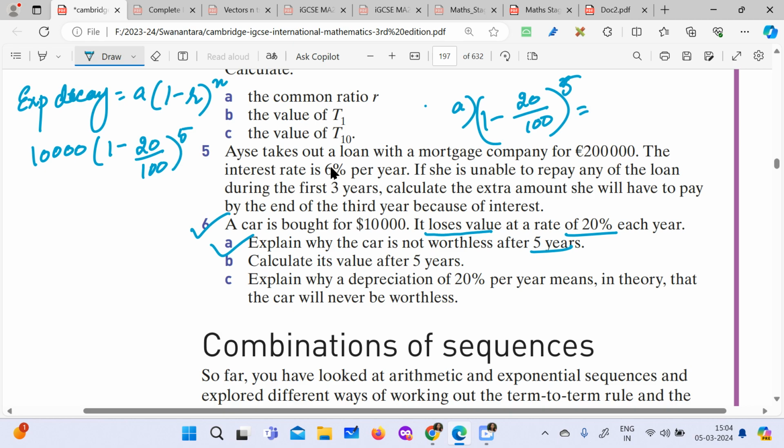If you simplify this, this is nothing but 1 minus 0.2 to the power of 5, and then we get 0.8 to the power of 5. So still the value will be 0.8 to the power of 5 times 10,000. Therefore the car is not worthless even after 5 years.